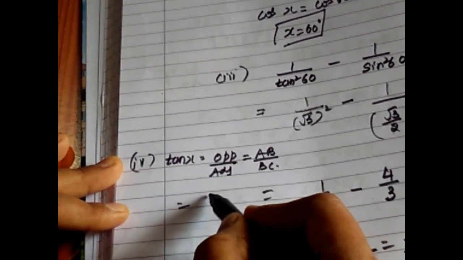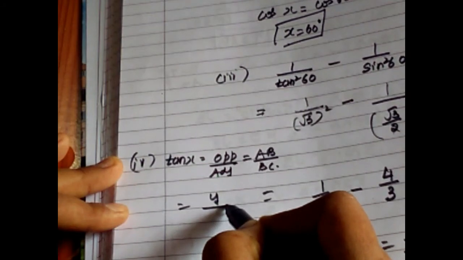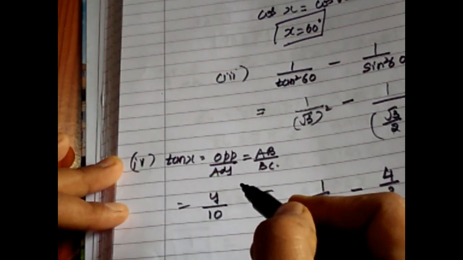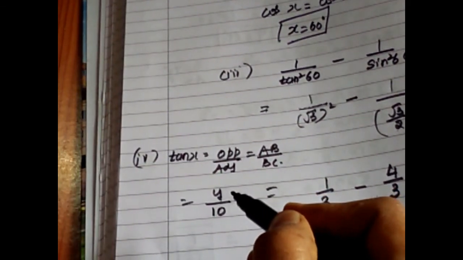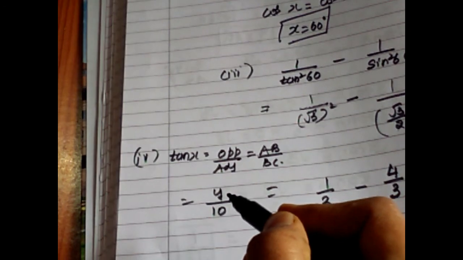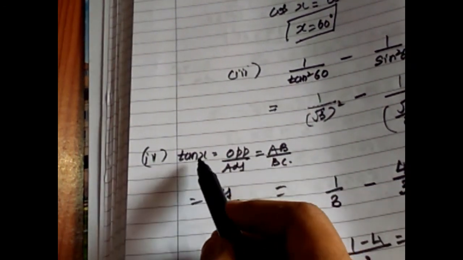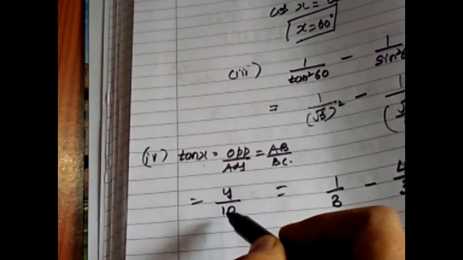So the value of AB is given as y and the value of BC is given as 10. So y by 10. Use tan x to find the value of y. Okay, I need to use tan x to find the value of y.